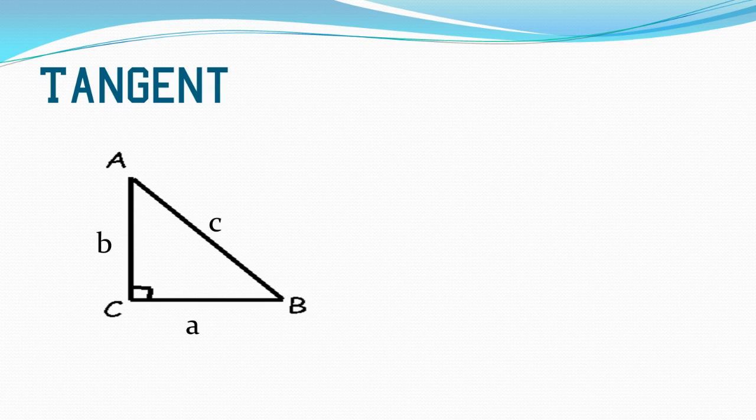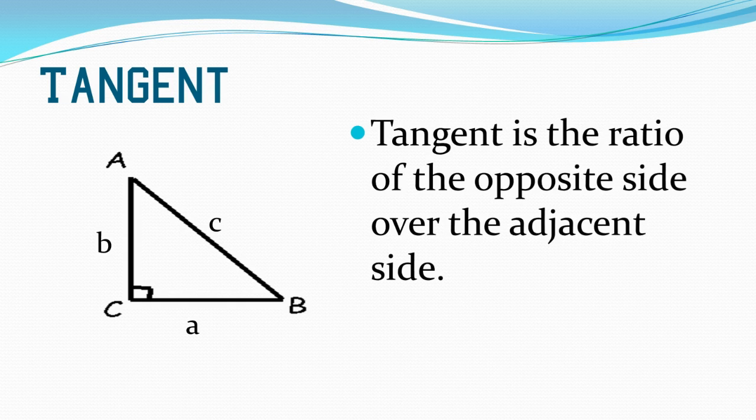Our last trigonometric function is tangent. The tangent is the ratio of the opposite side over the adjacent side. So I'm going to take the opposite divided by the adjacent.